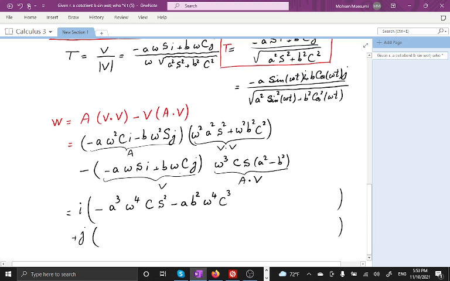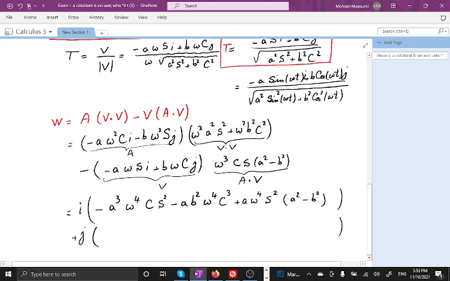In the second one we have a little bit of an easier time. There's just one term here multiplying by a omega, minus and minus makes a plus. So now I have a omega, and omega cubed becomes a omega to the 4, s times s becomes s squared, and then I have a factor of a squared minus b squared.